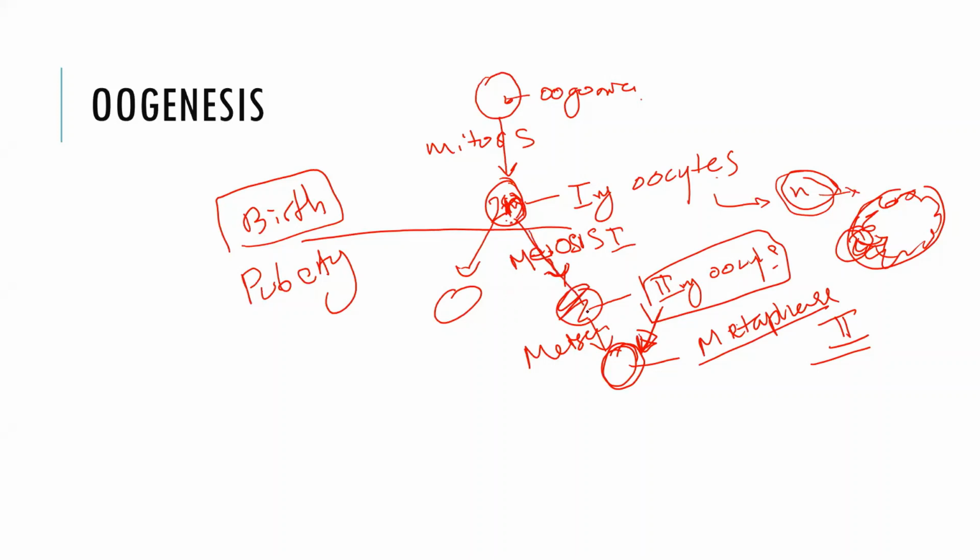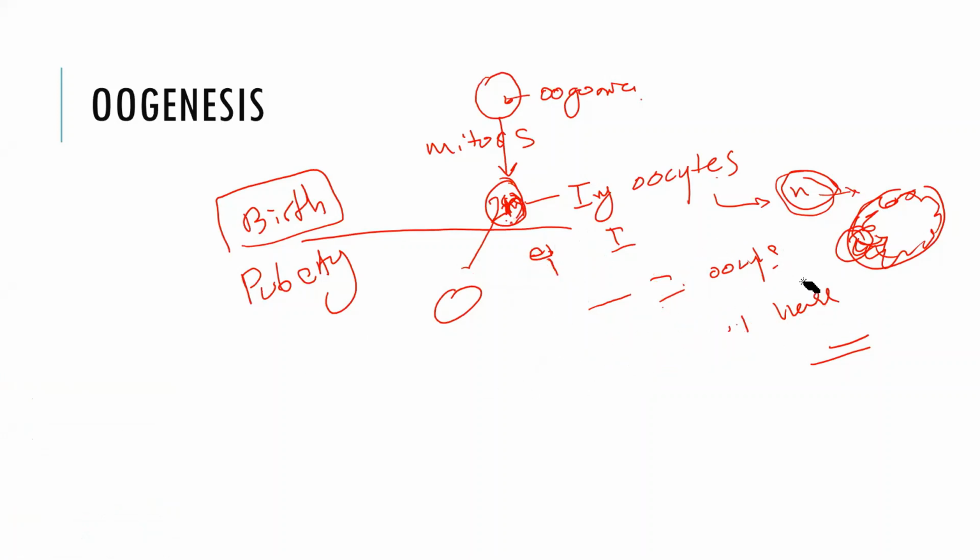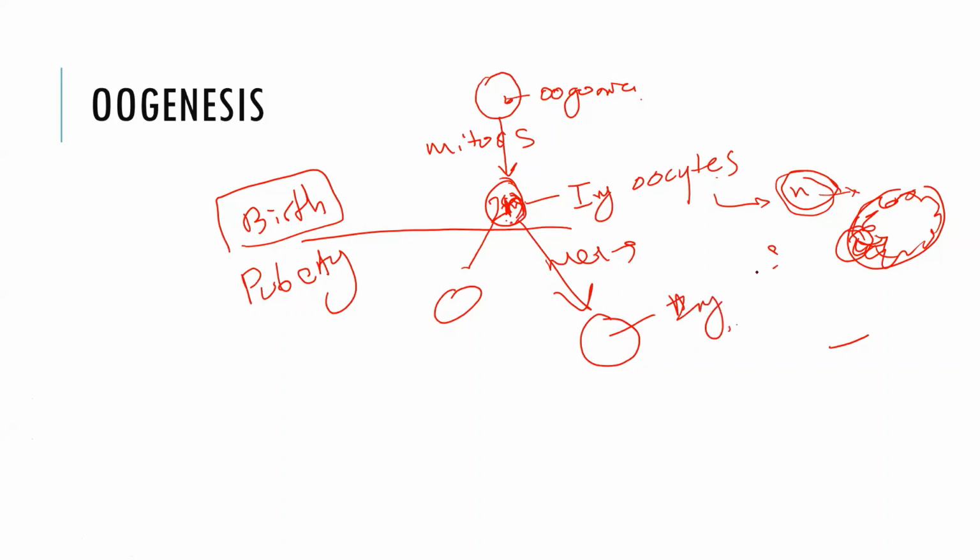So you have the formation of a secondary oocyte. Cells undergo meiosis 1 and form the secondary oocyte.